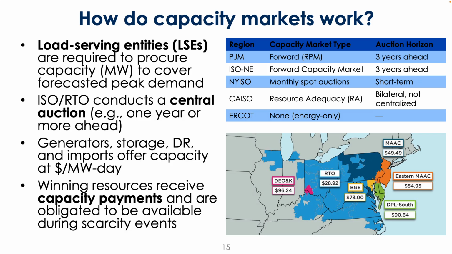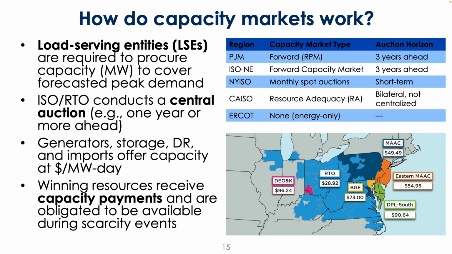The winning resources, instead of getting a clearing price from electricity production, receive what's known as a capacity payment. Whereas in our energy market, you dispatch power in order to make money, in the capacity market, you just have to be there. You just have to show up, and you get paid. Okay.